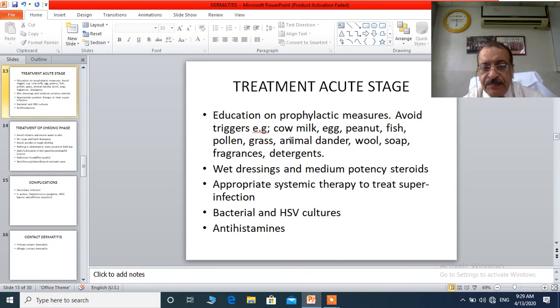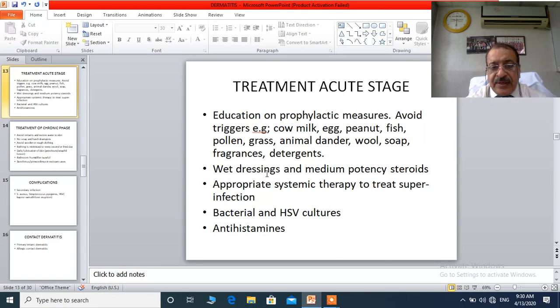For example, in some children, this condition may be exaggerated by cow's milk, eggs, peanuts, fish, and then pollens, grass, animal dander, wool, different soaps, different fragrances, and detergent. So, if a triggering agent is identified, then that must be avoided.